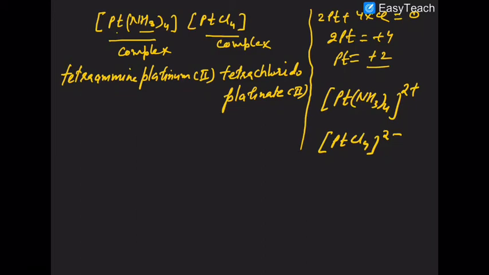That is very important. Why? Because in the first case it is platinum, in the second case it is platinate. Why is it so? The reason being that in the second case the metal ion belongs to the anionic complex. Are you sure?